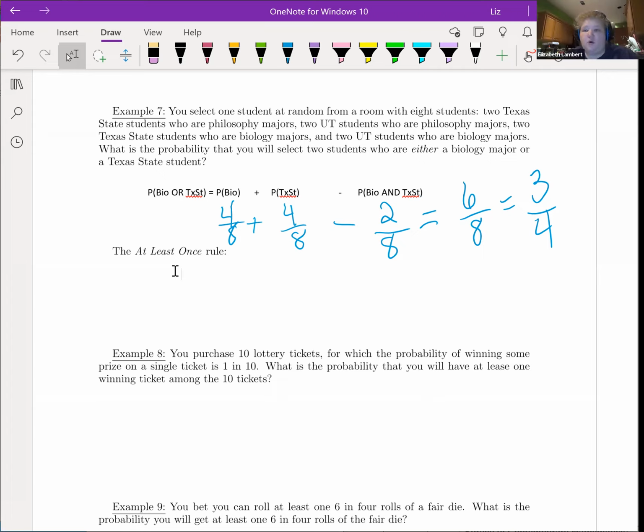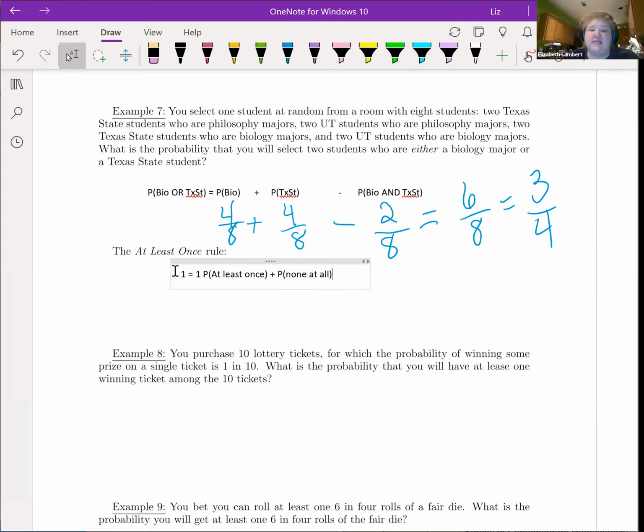So there's at least once is A. The opposite, the not of at least once, is none. So our total probability of 1 is the probability of at least once plus the probability of none at all for whatever the event in question is.